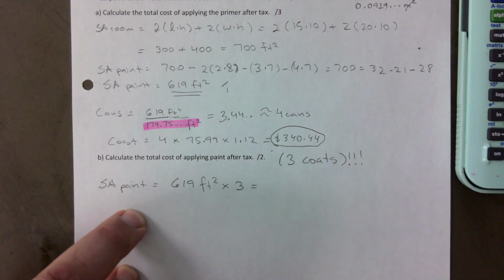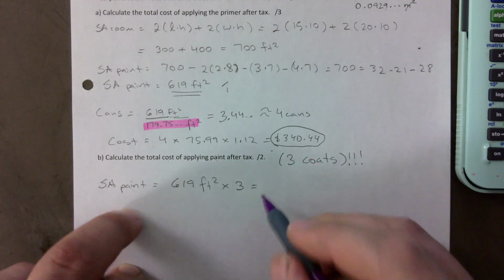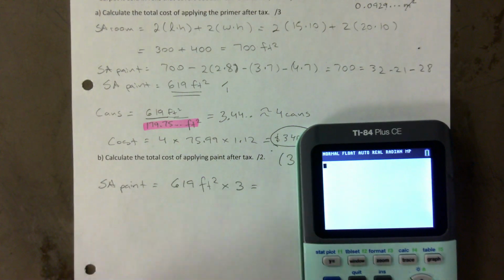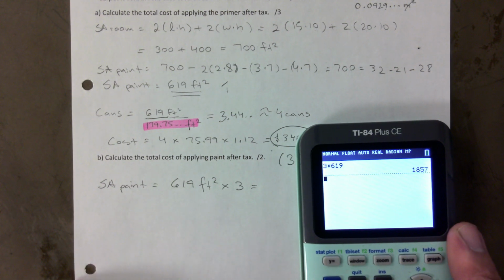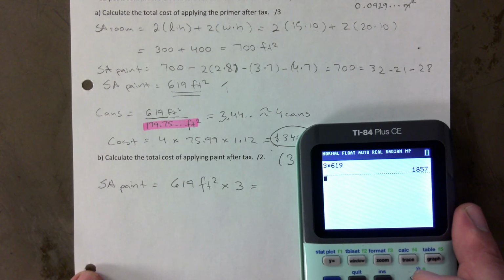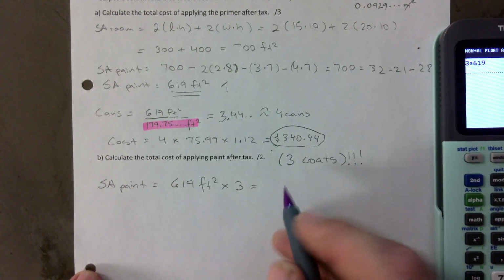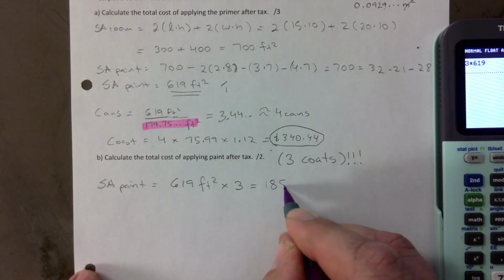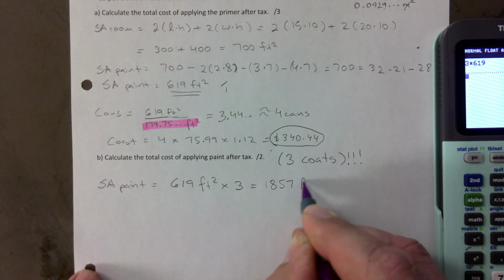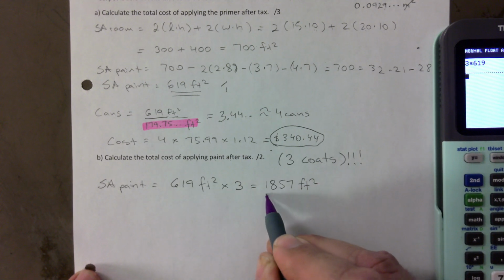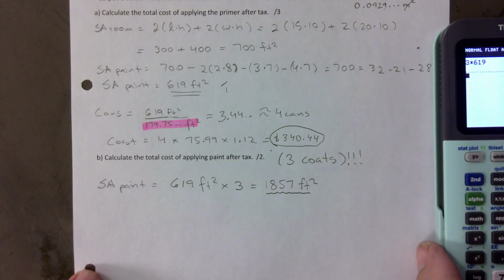Do that right away. Don't do it later to your number of cans. You do it right away. Okay. So I grab this. I go 3 times 619, and that's 1857 square feet. So it is as if you're painting a really big room that has this in it. So that's important. I'm going to underline that.